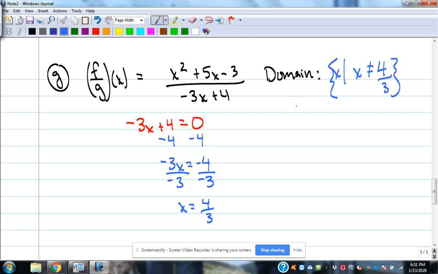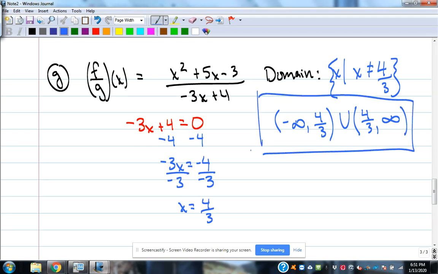So that's the set notation for that. The interval notation would be from negative infinity to 4/3, parentheses, parentheses, 4/3 to infinity. So there's the function and then the domain there.